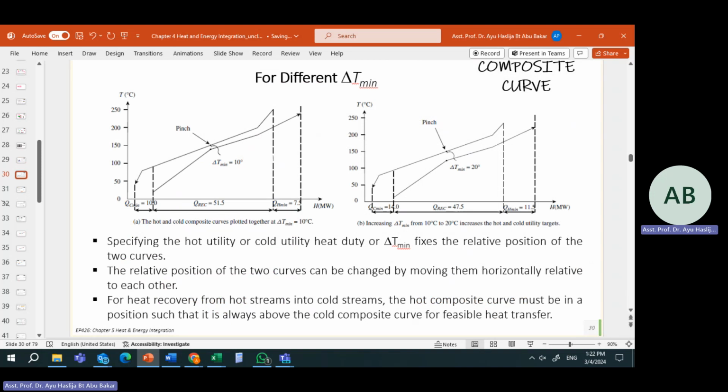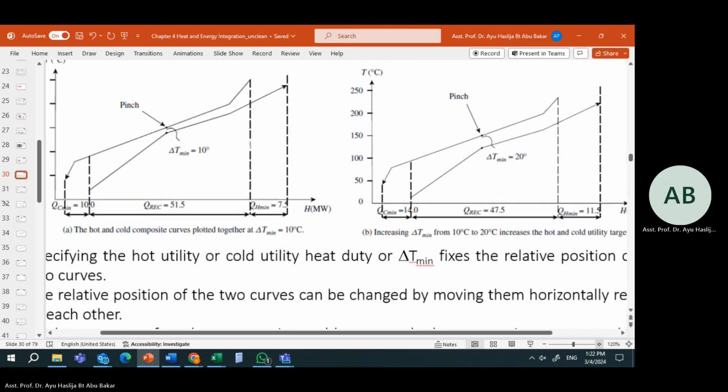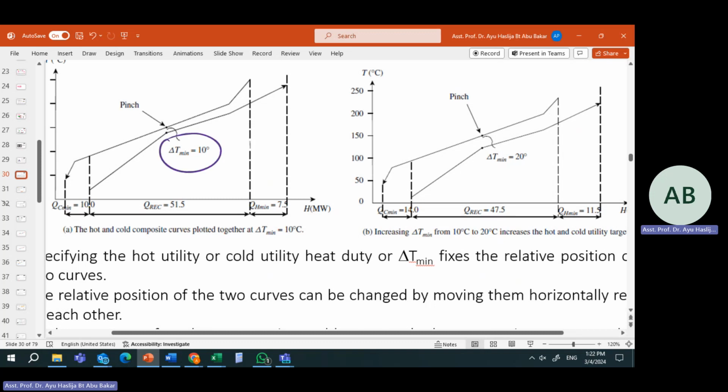Now these are the differences when you have different delta T min. So with different delta T min, you will get different QH min and QC min.